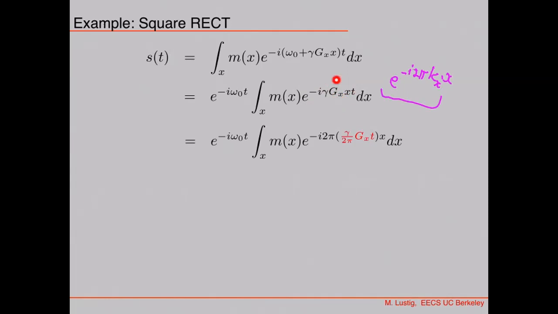This is not yet a Fourier kernel, but we're going to multiply by 2 pi and divide by 2 pi, and then call gamma over 2 pi Gx times t our kx. So kx is a function of t, defined as gamma over 2 pi Gx times t. Now this looks like a Fourier transform. This is exactly a Fourier transform with kx being the variable.